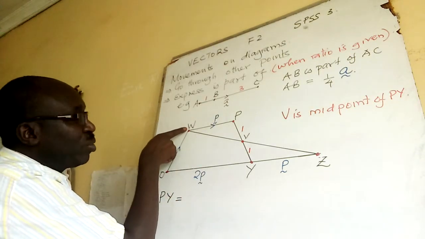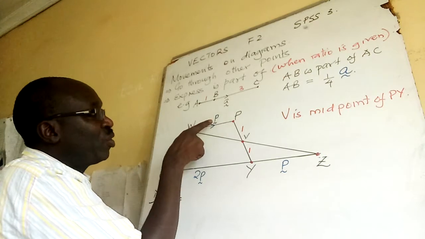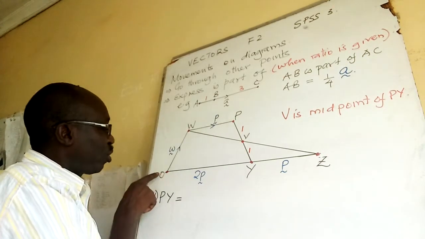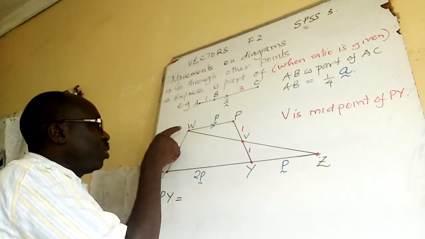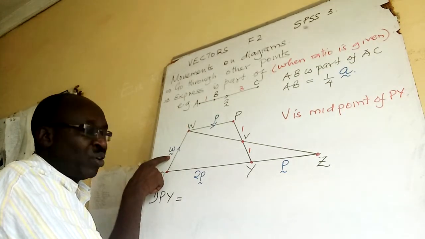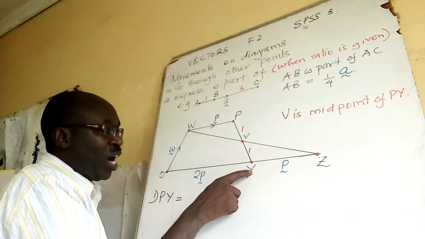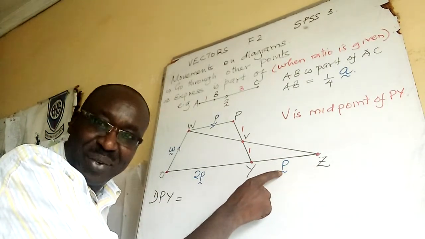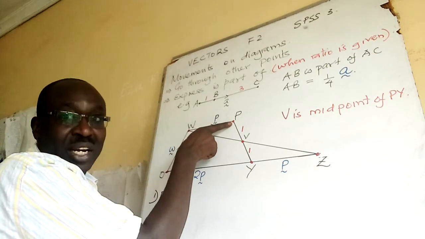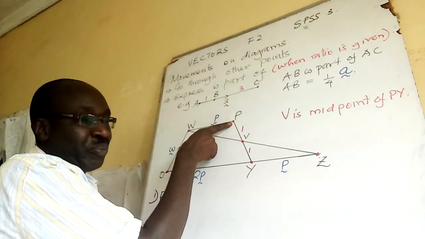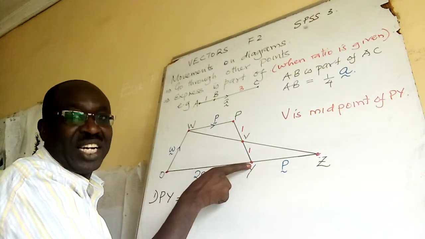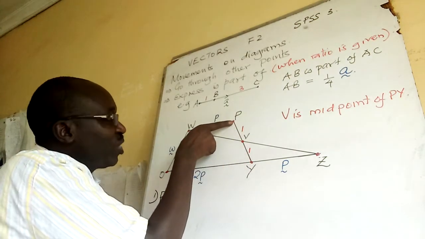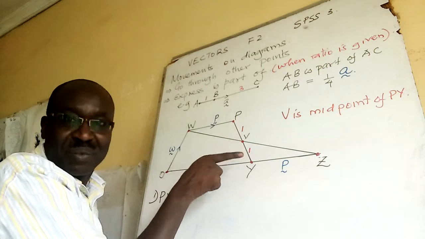From W to P, you have been given this vehicle. From O to W, this vehicle. From O to Y, this vehicle. And from Y to Z, this vehicle. You have not been given from P to Y directly. There is no vehicle on this route.